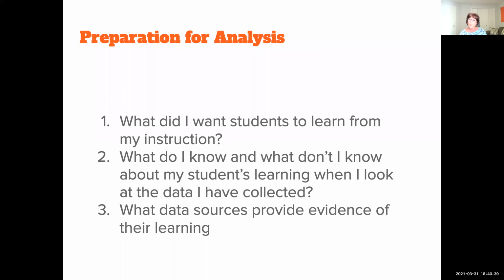And then, what is it you actually can ascertain from the student data that you have collected? And I can't tell you how many times what I wanted them to learn didn't actually get measured. In the way that I measured, I can see X, Y, and Z, but I really never could see the rest, right?